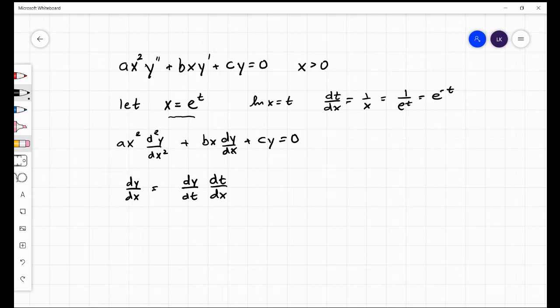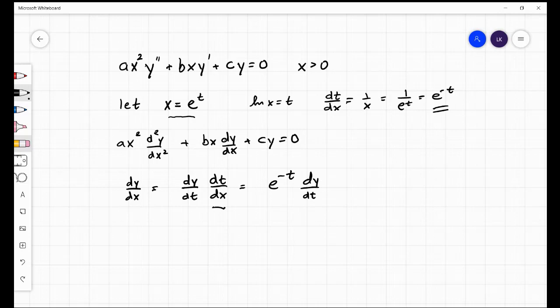So this would be the derivative of y. Let me write dt dx from over here first, and then dy dt. I mean, we don't know what y is, so this is the best we can say.